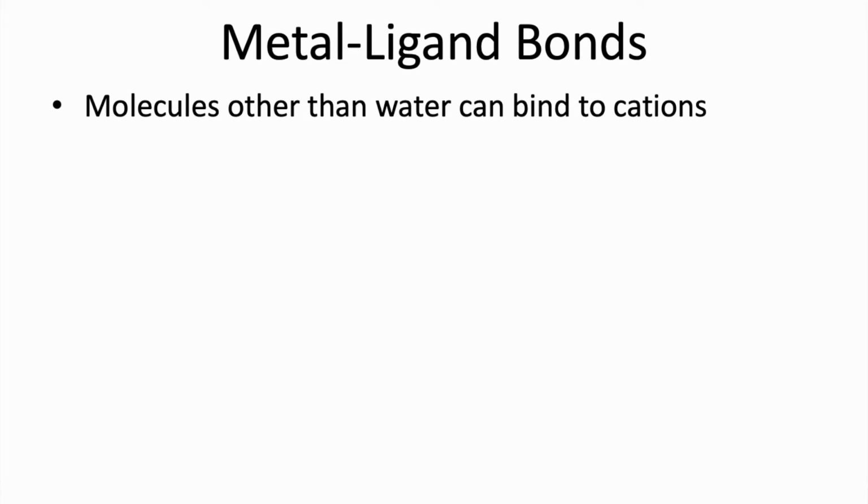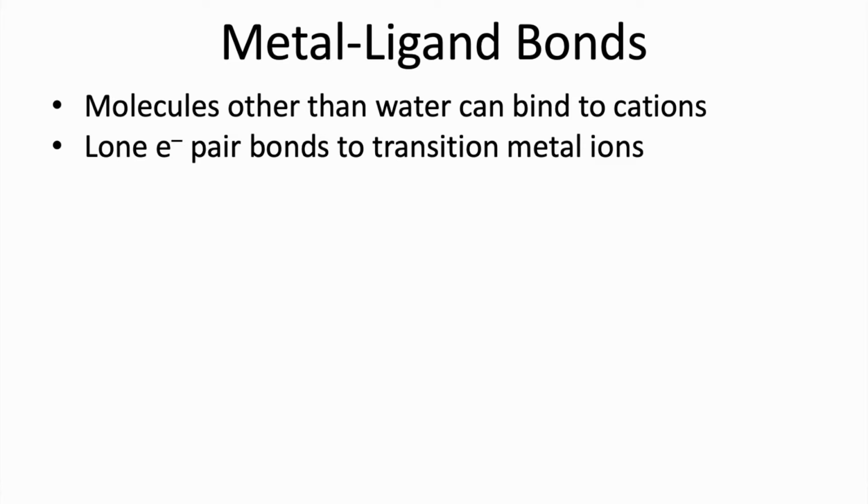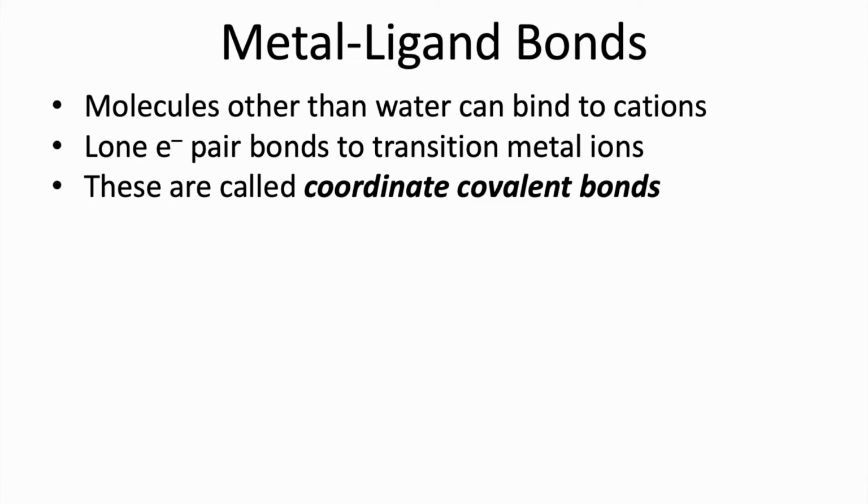Molecules besides water can do the same type of behavior. They just need a lone pair. If they have a lone pair of electrons, then they can bond to these transition metal ions. And this particular type of bond is called a coordinate covalent bond.